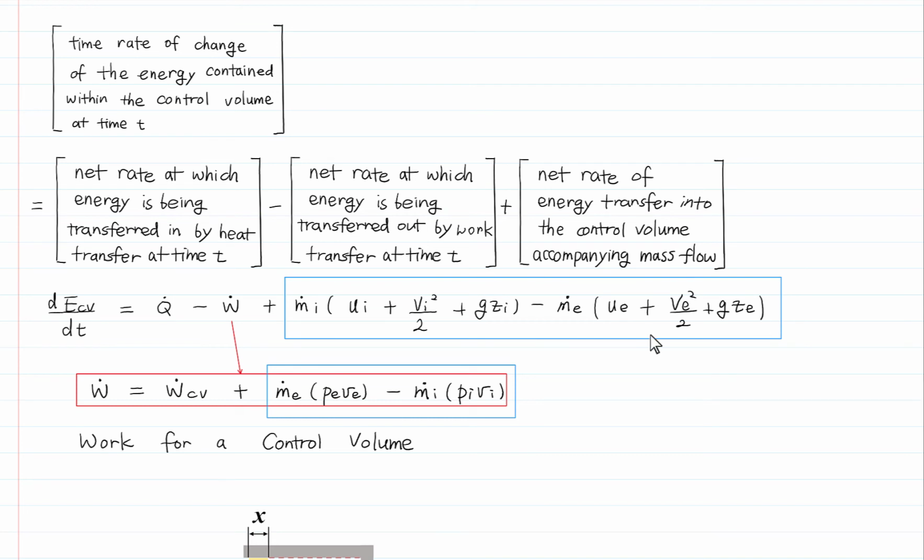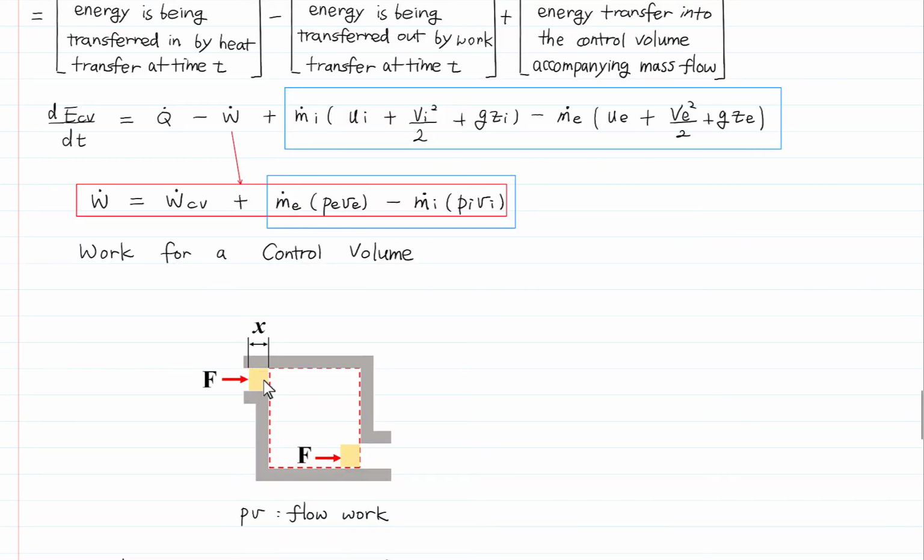The second part of the energy carried by mass is called flow work. Flow work is the work required to push the fluid into the system or out of the system. The fluid going into the system is pushed in by the fluid behind it, or imagine a piston pushing the fluid into the system. This flow work corresponds to m dot i times Pi times vi.